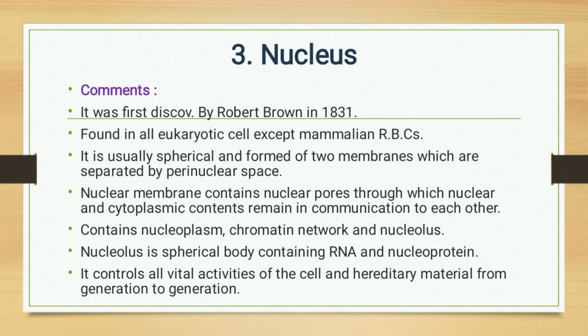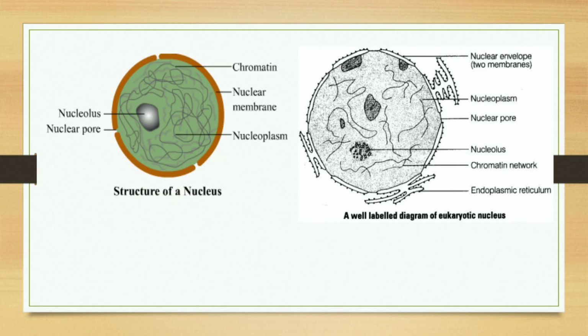It is usually spherical and has two membranes which are separated by perinuclear space. The nuclear membrane contains nuclear pores through which nuclear and cytoplasmic contents remain in communication with each other. The nucleus contains nucleoplasm, chromatin network, and nucleolus.